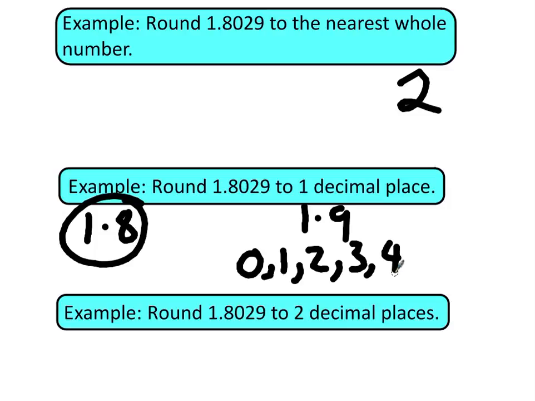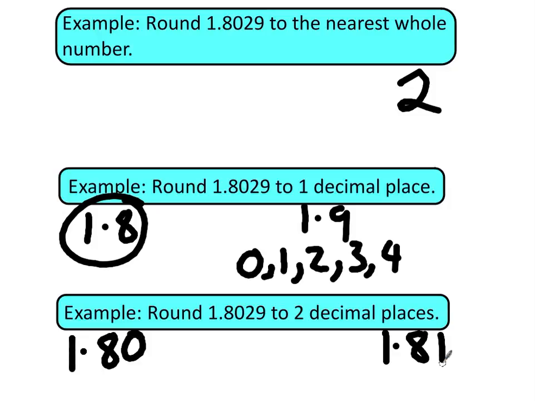So let's have a quick look at the last example on this page, 1.8029 to 2 decimal places. Well, if we look at the number, the answer's got to be either 1.80 or 1.81. Those are the only two possibilities because this number falls between them. So which one is it closer to?